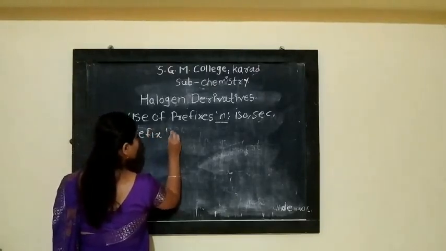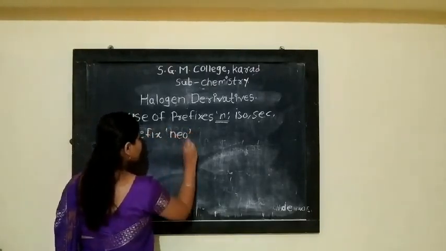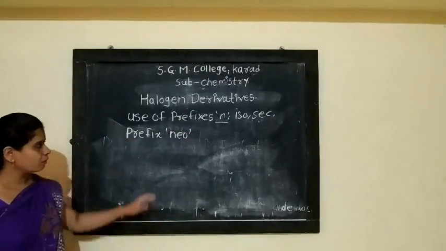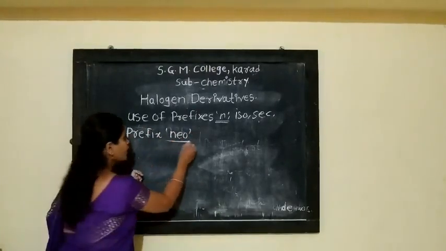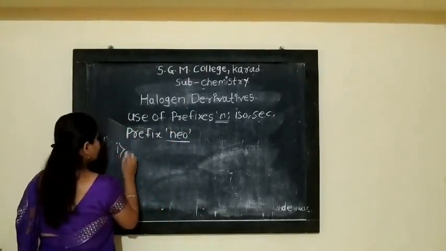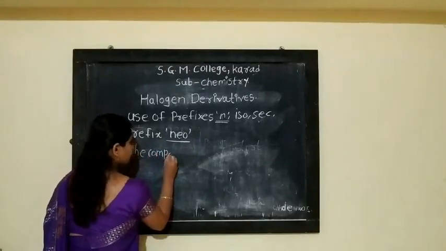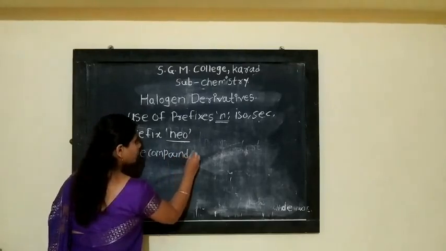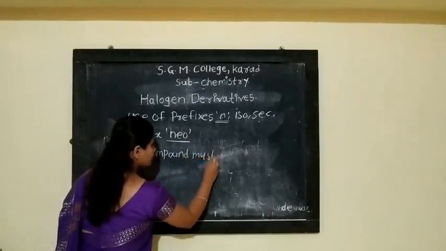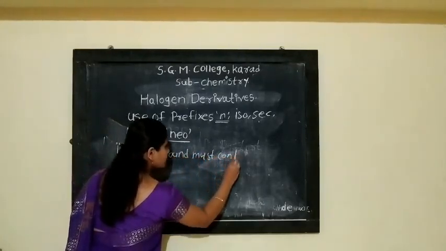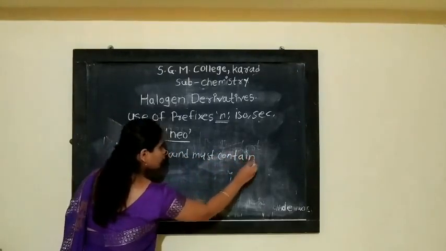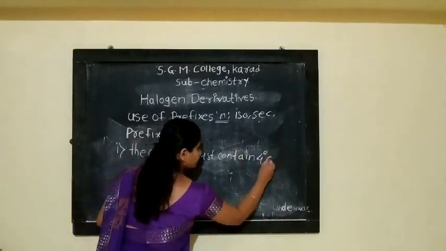The main important condition to use the prefix neo is that the compound must contain a quaternary carbon atom.